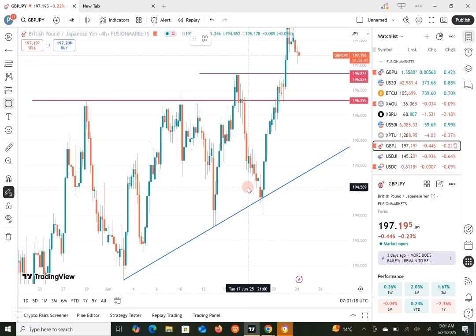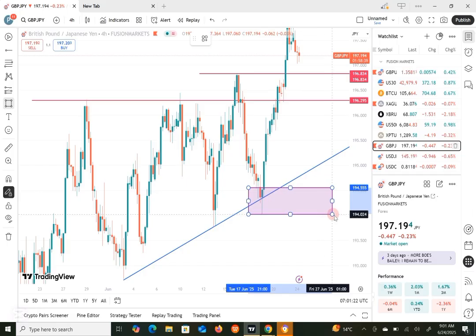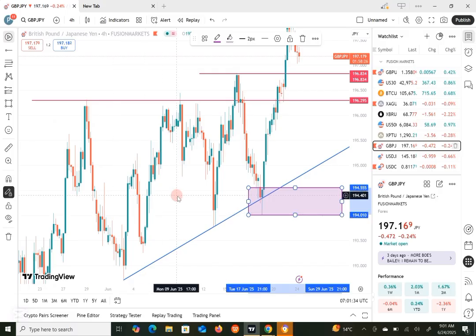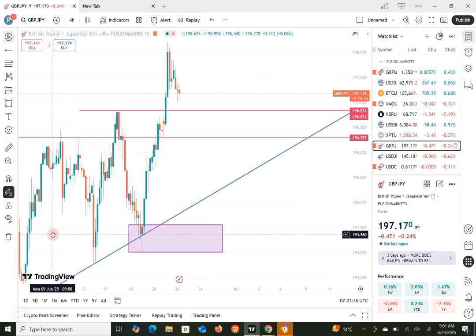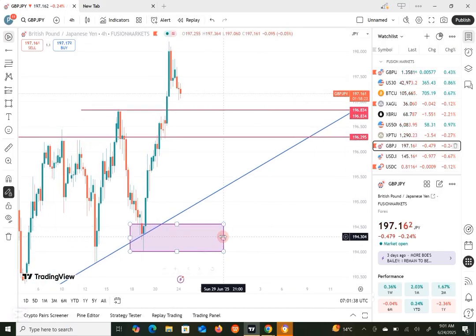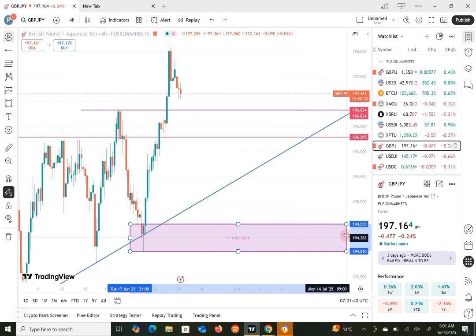So this is our order block, which is the last place reached by the price before. So I want you to mark this order block on your chart too, because this is where we're now preparing to take interest.